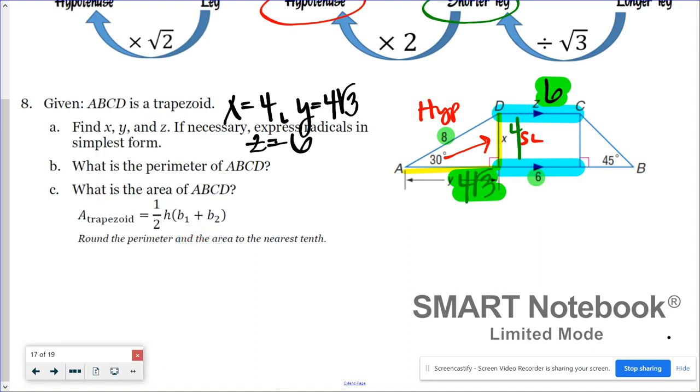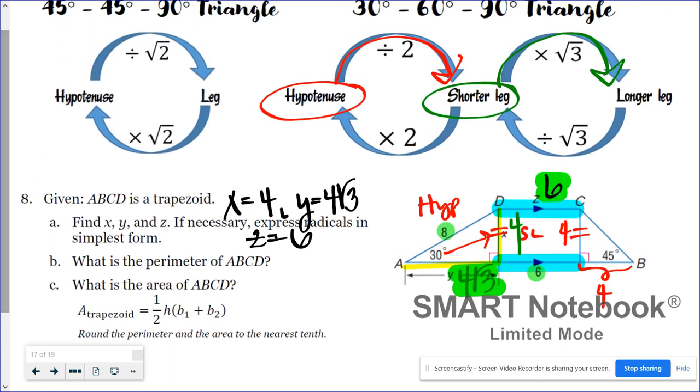And the leg is pretty easy because remember, this right here is 4, and it's going to be congruent to this piece, so that would be 4, which means that this right here is 4. So in my 45, 45, 90, I know the leg is 4. I want to know the hypotenuse, and that's easy. I just multiply by the square root of 2. So BC would be 4 root 2.